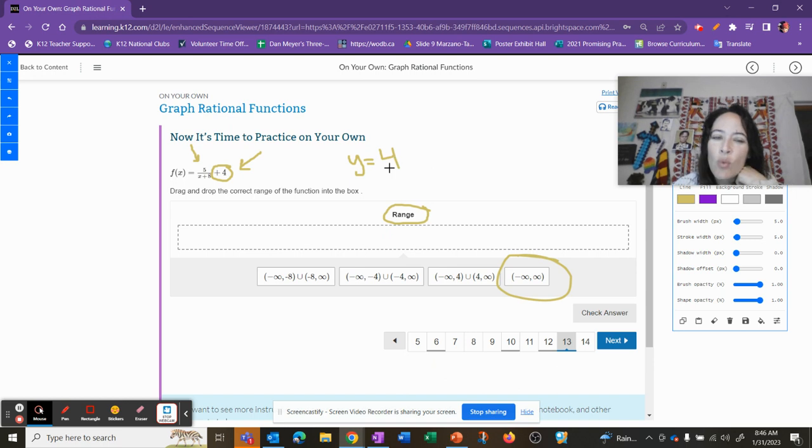Anyway, y equals 4 is an asymptote because that's where the graph is shifting. That's where our function, our output, will never reach. So now we can't pick this one. We have to think, what notation represents that? This says that y can go from negative infinity up to -4, union -4 up to positive infinity. But see these parentheses? It means we're excluding the value of -4.